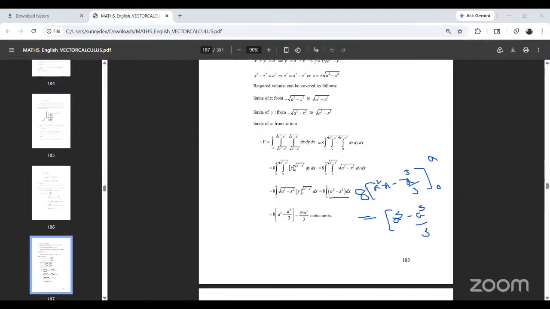Outside that, 8 is there. That we are getting 16 a cube by 3. So these are the cube units. 16 a cube by 3, those are the cube units. Okay. So this is the volume of the common region.